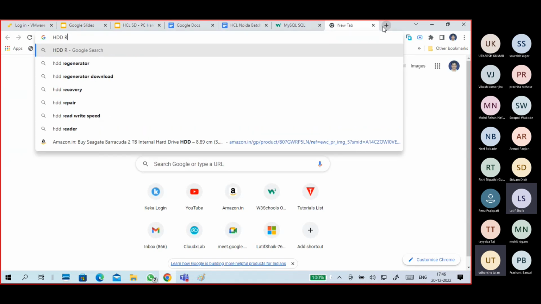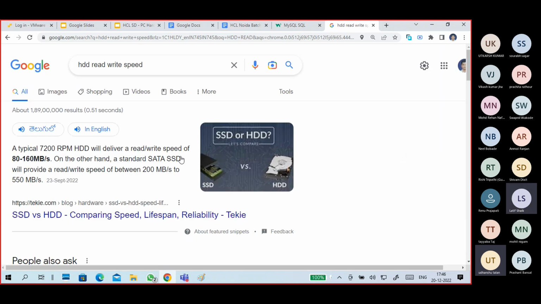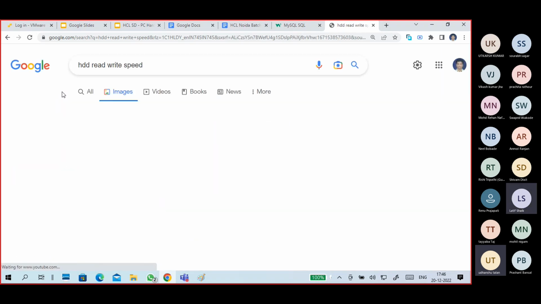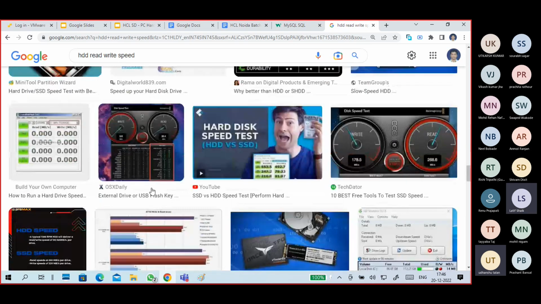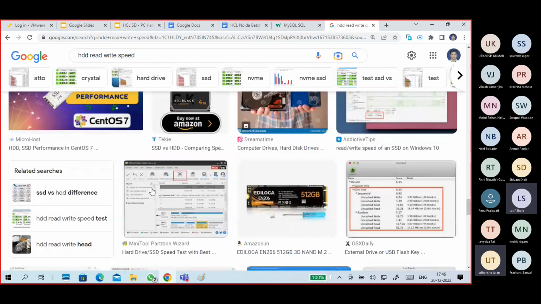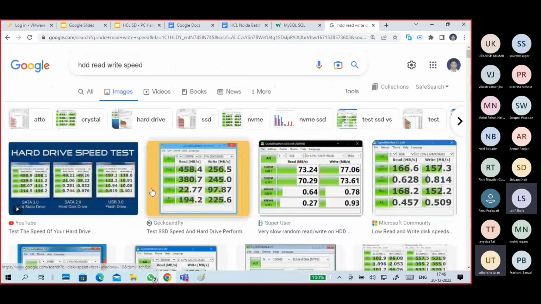A disk read and write. If you go to YouTube and search for a video, you can see how data is read and written.